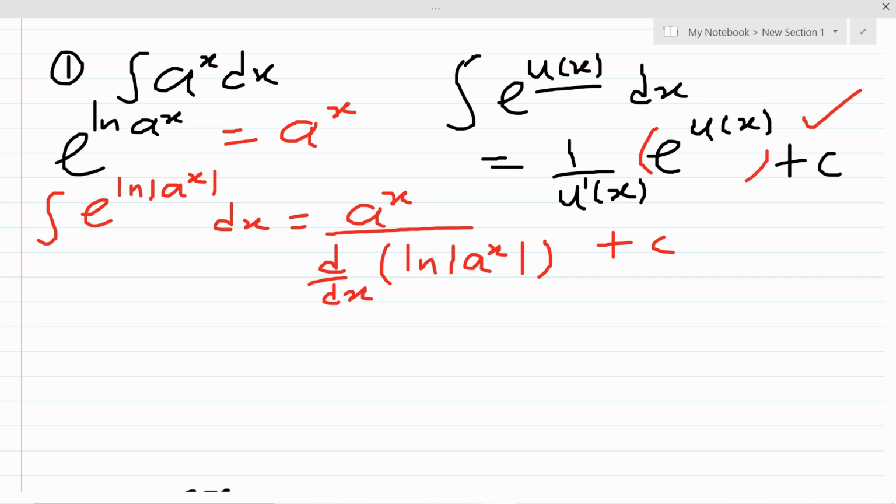That is what we've written here. We got e to the power u of x is the same as e to the power ln of a to the x, and that is what?